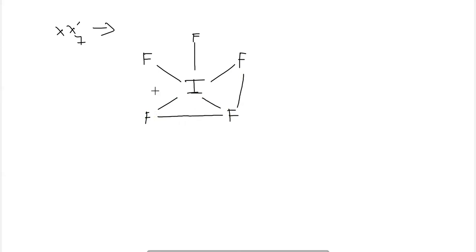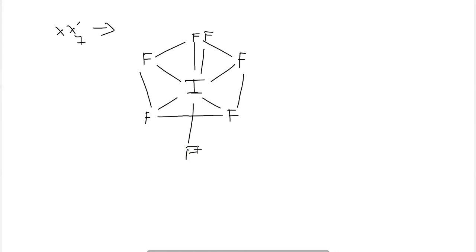Next is XX'7. It will have a pentagonal bipyramidal structure, as in IF7. The fluorines are attached in such a way that they form a pentagonal structure, with one fluorine attached above and one below.